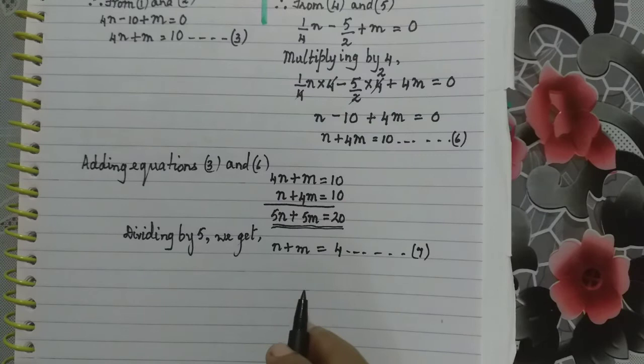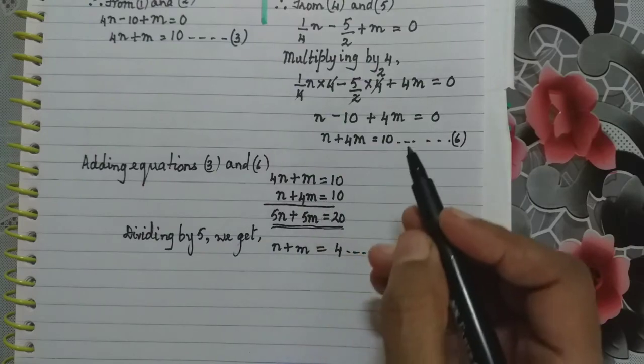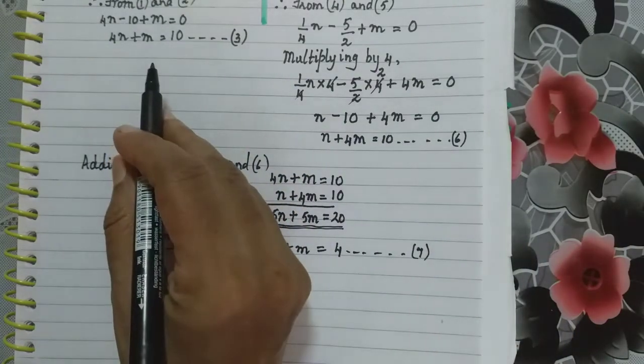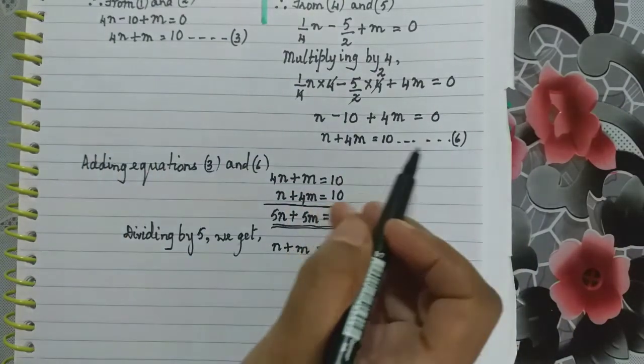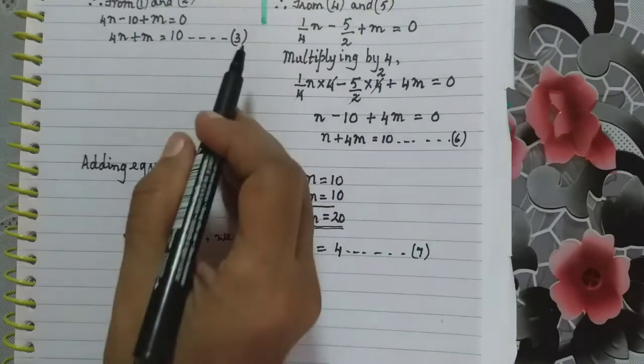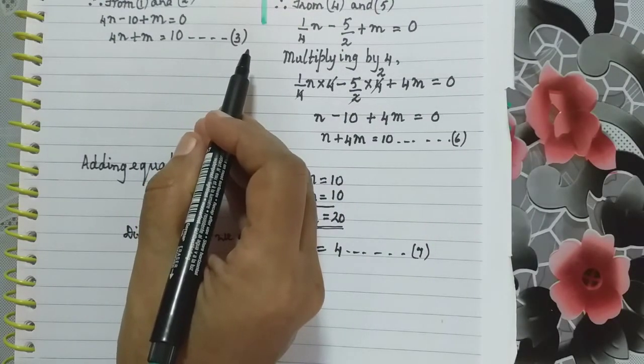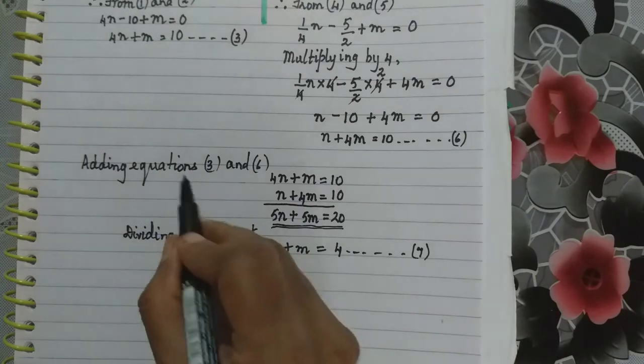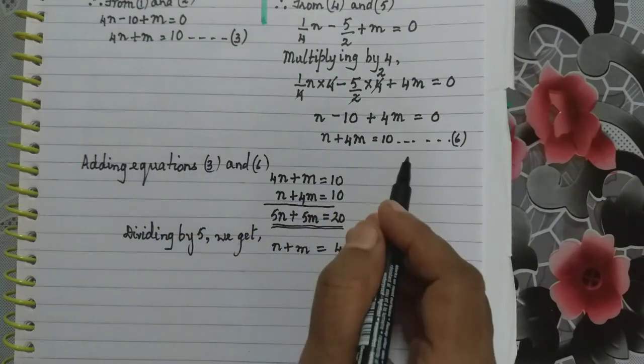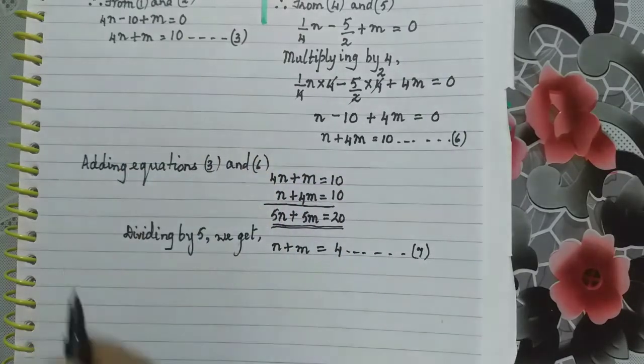Now I need one more equation where I have n minus m. So what will I do? I will subtract one equation from the other. Okay, so I will subtract equation 6 from equation 3. So now first we added both the equations. Now I am subtracting 6 from 3.